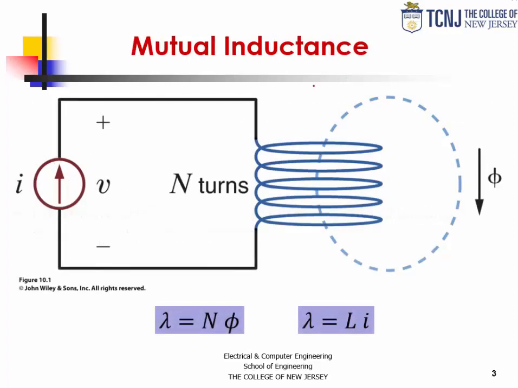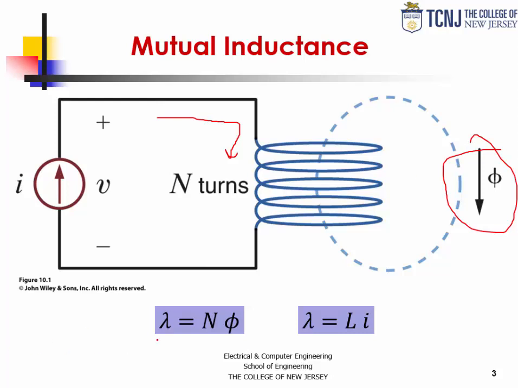Let's start by talking about a circuit with an inductor that is made up of N turns. We know that if we force a current through that inductor, we're going to generate a magnetic field.